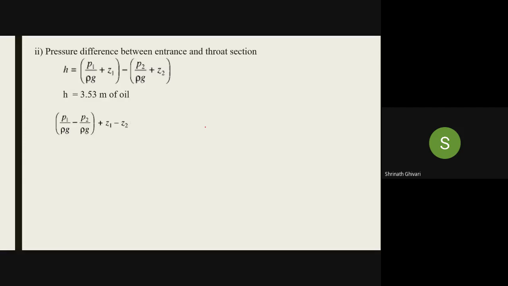Then P1 by rho g minus P2 by rho g plus Z1 minus Z2, I have separated the equation, equals 3.53 meter of oil. Using this, can we calculate the value of P1 minus P2 by rho g, the difference in pressure?